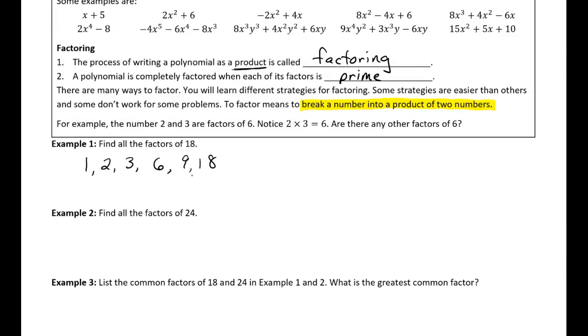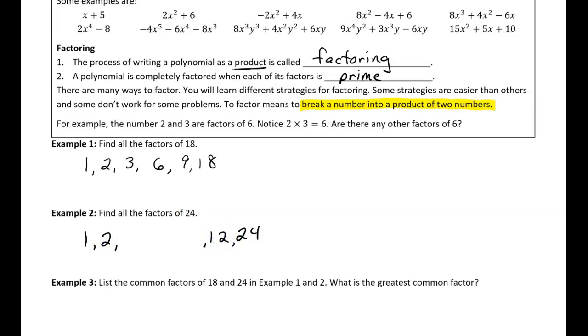Let's try it again on number 2, though. You want to find all the factors of 24. So another nice number, another even number, in fact, right? It's a multiple of 2. So I know my factors. I can start with 1 and 24. 1 times 24 gives me 24. 2 and 12 gives me 24.